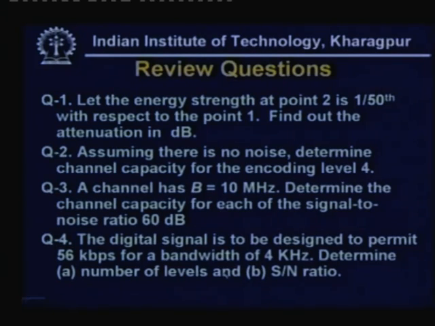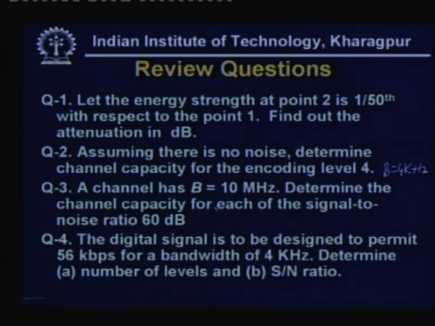Find out the attenuation in dB for point 1 with respect to point 2. Assuming there is no noise, determine channel capacity for the encoding level 4 and bandwidth equal to 4 kilohertz.